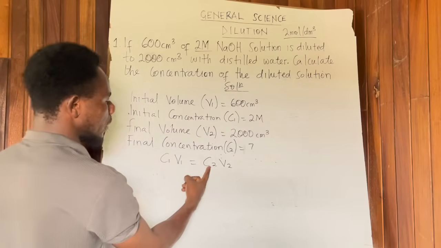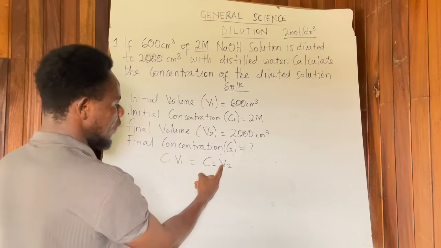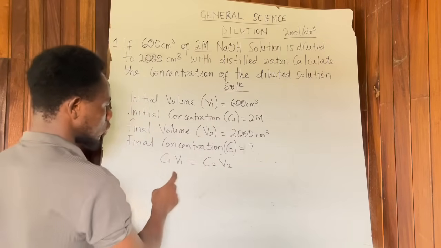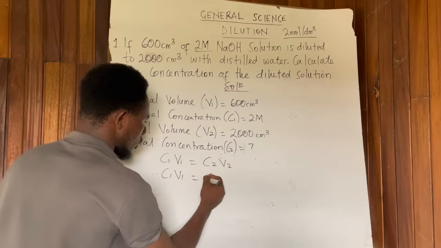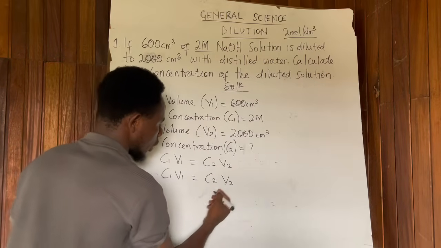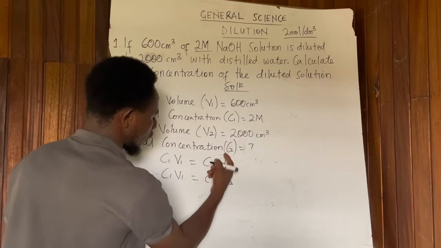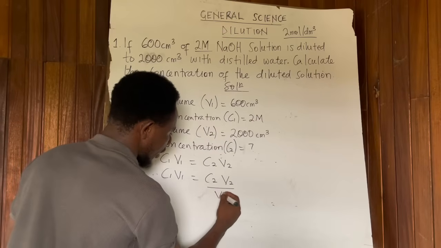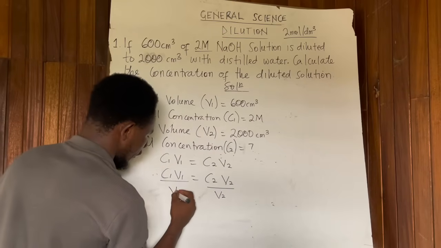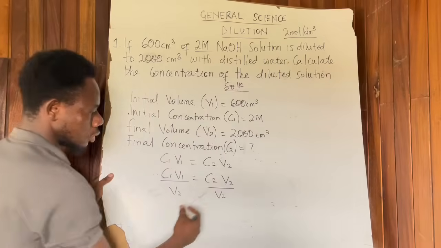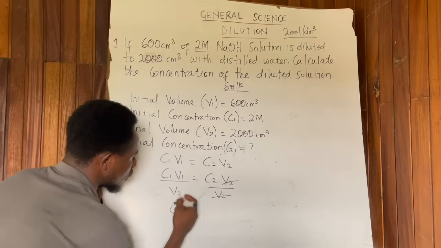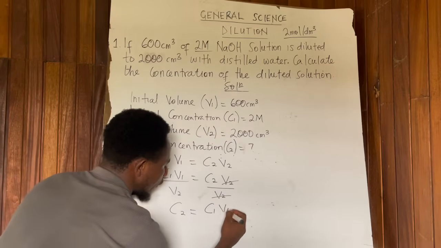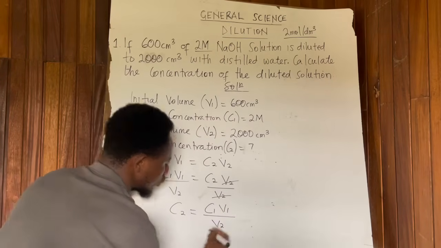It's either you put in the values straightforward, or you make C2 the subject, then you put in the values. So if I want to make C2 the subject, I'll have to divide by V2. So C1 V1 is equals to C2 V2. Since I want to find my final concentration, I'll have to divide by V2 on both sides. So this one will get rid of this. So my C2 is equals to C1 V1 over V2.